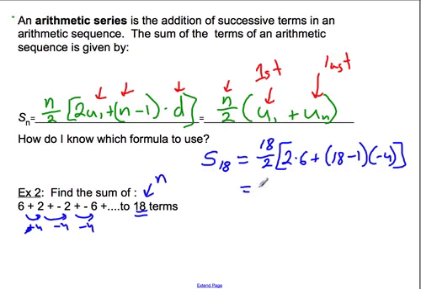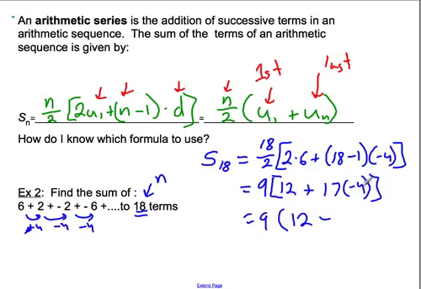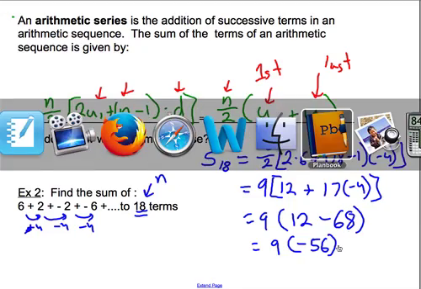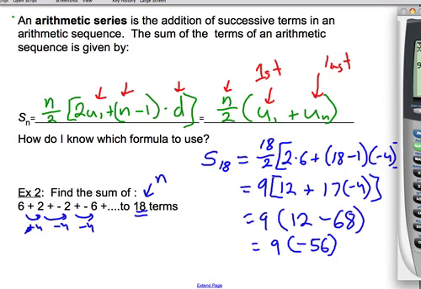Alright, so then you just work this out. 18 divided by 2 is 9, times 12 plus 17 times negative 4, which equals 9 times 12 minus 68, which equals 9 times negative 56, which I'm going to do on the calculator. 9 times 56 is 504.